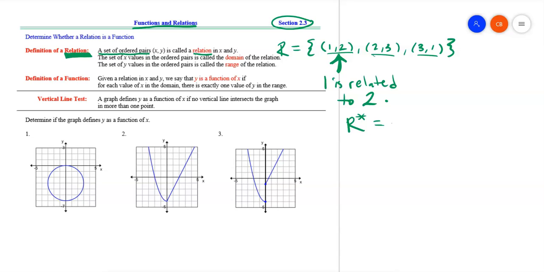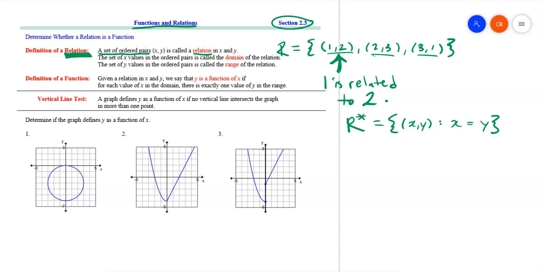But what about a relation? And of course, I understand this is not a class about sets. That would be more like the class Contemporary Math or something. But we can narrow down what we mean by this relation if we actually define what it is. Like if we want to say R star is going to be the set of all things x, y, such that x is equal to y.